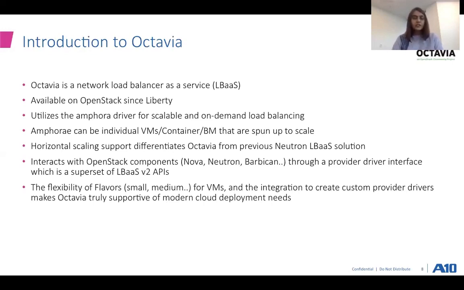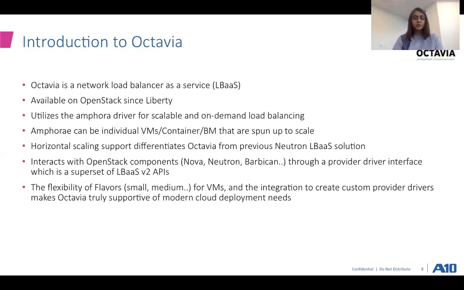And horizontal scaling is what differentiates Octavia from its predecessor, the Neutron LBaaS. Basically, it adds more machines to the pool of resources made available, making it extremely supportive of multi-tenancy for customer SLAs and security associations.